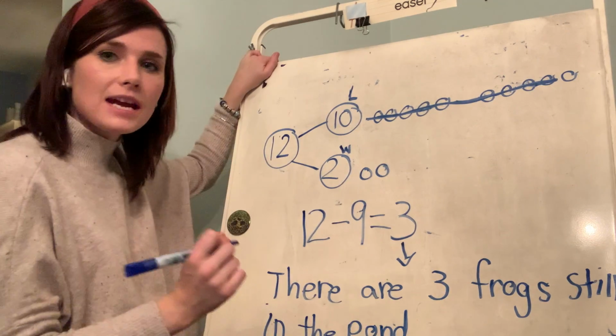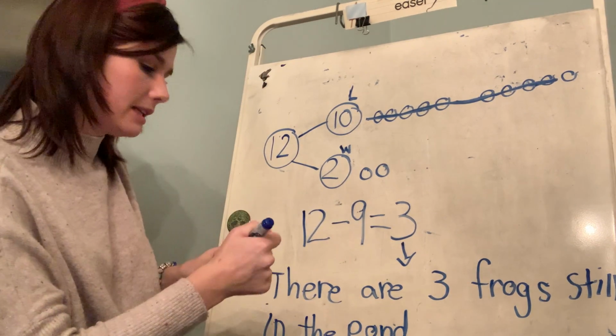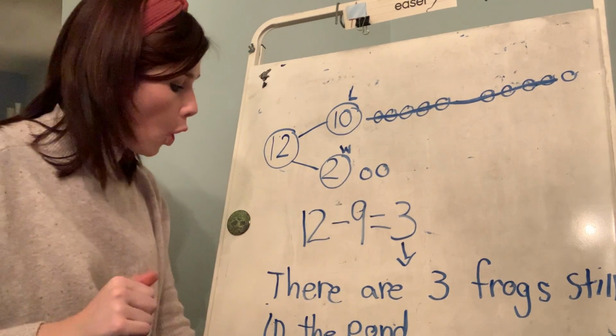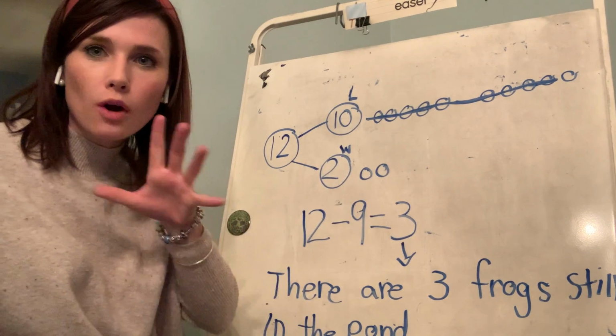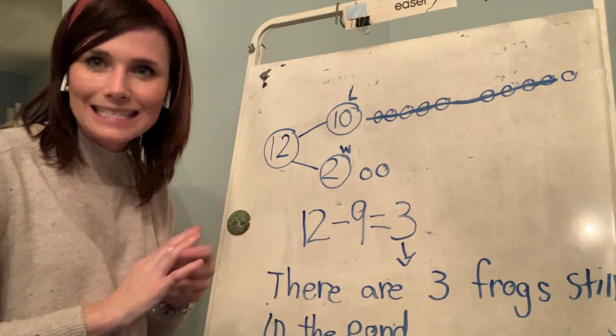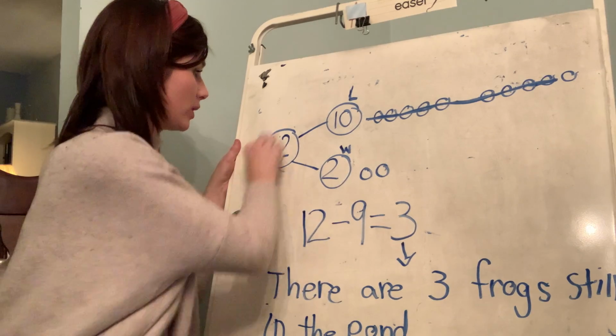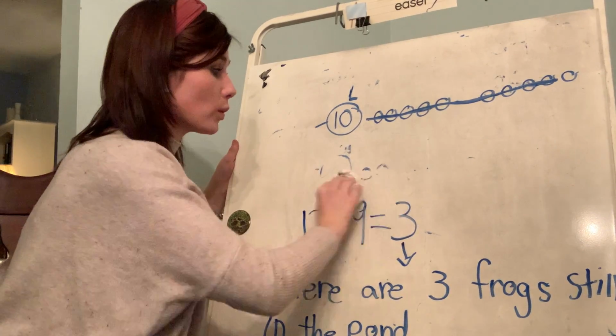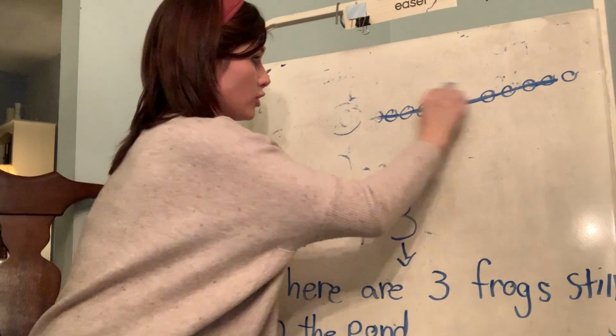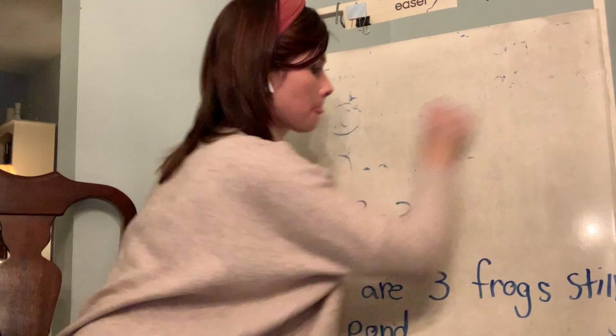Period. There are 3 frogs still in the pond. And you can always pause this video to make sure you have it all drawn and written down. Nice job. I'm going to erase my board, but you can always pause the video so you don't fall behind.